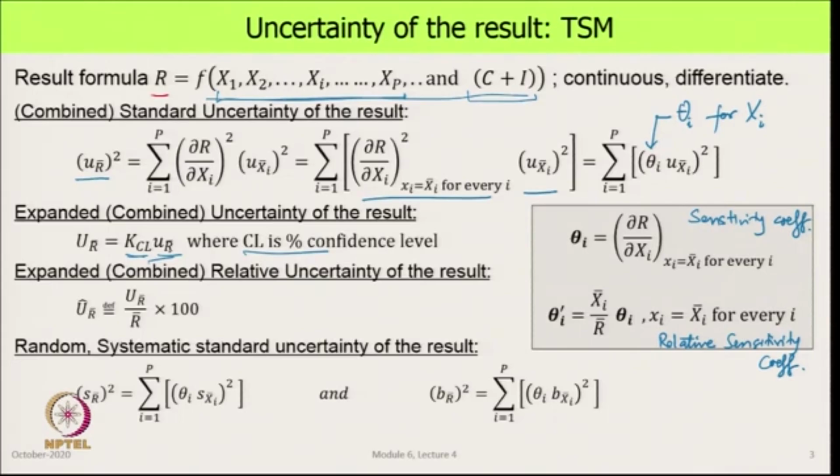Then we can get the expanded relative uncertainty in the result, which is u r bar by r bar times 100. So, this becomes a percentage, dimensionless, and we can compute the individual random standard uncertainty S r bar from these two inputs and the systematic standard uncertainty in the result from these two inputs.